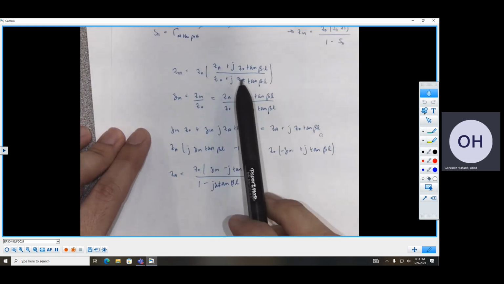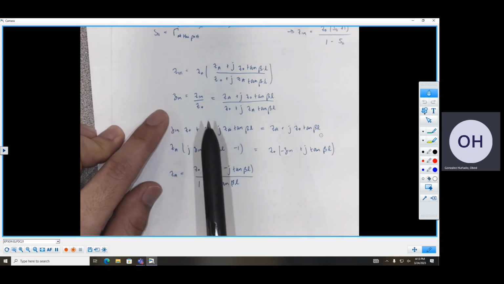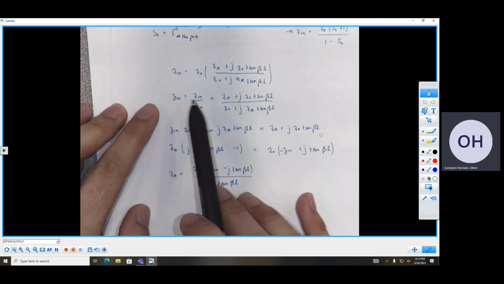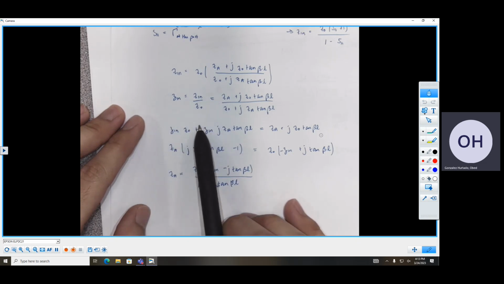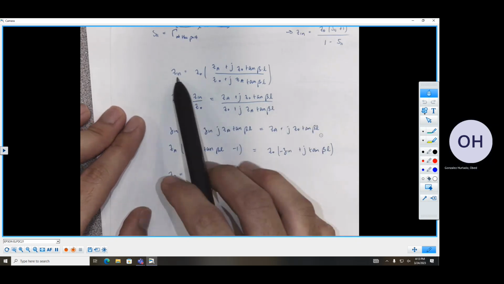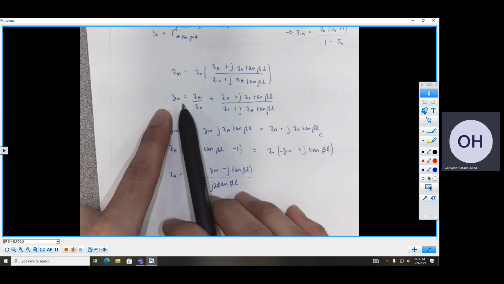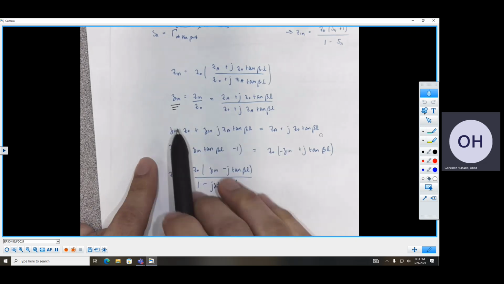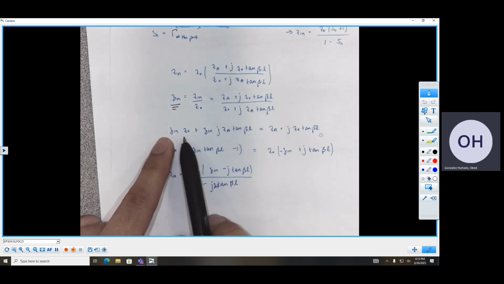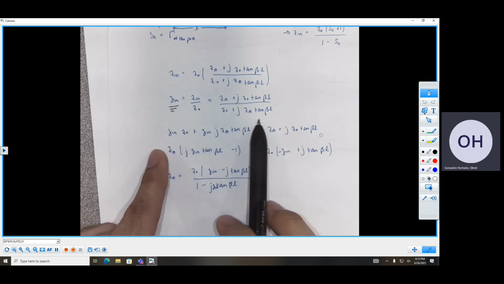Now if we make a simplification where we define small zn equal to Zn over Z naught, then we distribute over, but we must keep in mind that we're using this Zn at the moment. We would distribute over the denominator to the left side, and we would get this.